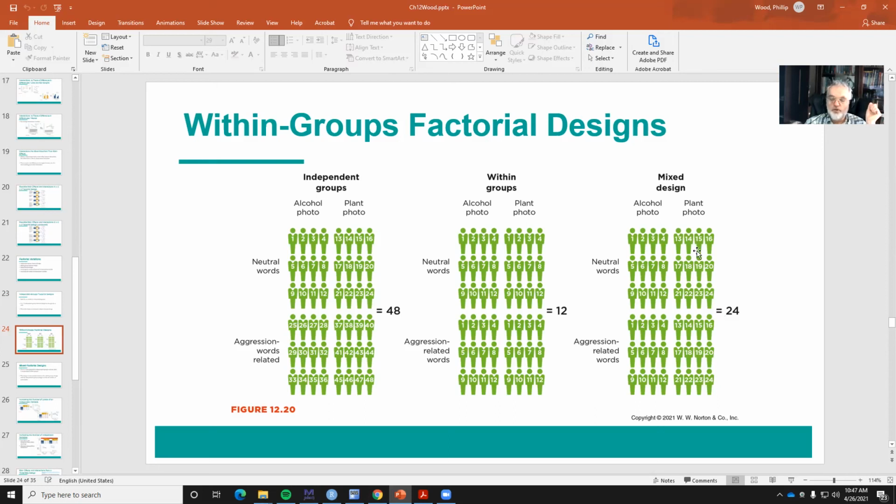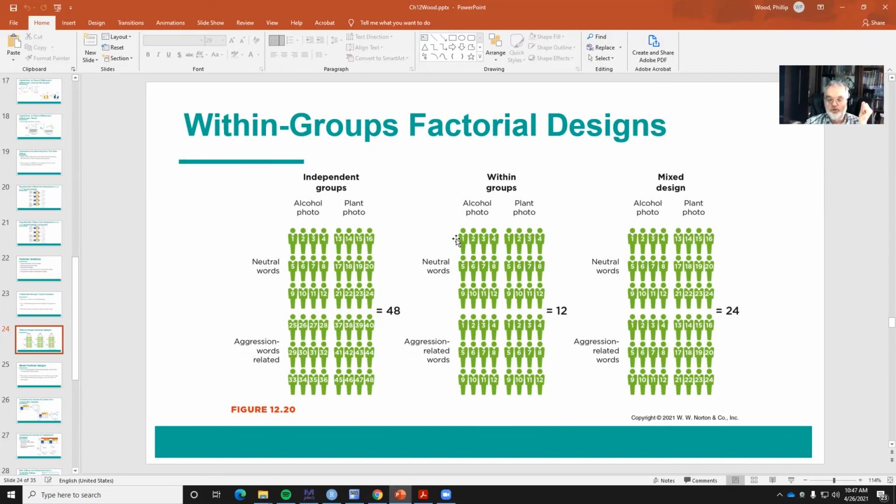And your choice of whether you're going to do an independent groups design or a within groups design or a mixed design depends first on power, and secondly on whether people are going to be reactive to the condition. So what do I mean by that? Well, in the middle example, where it's a within groups design and I've got the same people, I have more statistical power because I'm looking at reaction times.